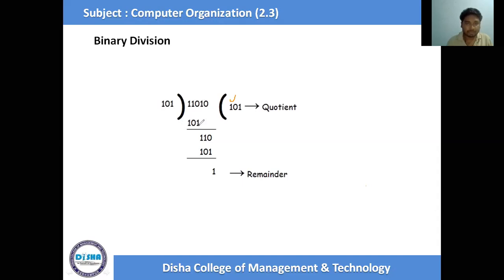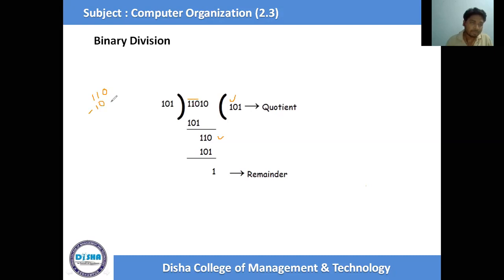If we subtract, then I will get this one. Up to these 3 bits, we have to subtract. So what does it mean? 1 1 0, then this value will be negative, in 2's complement form.